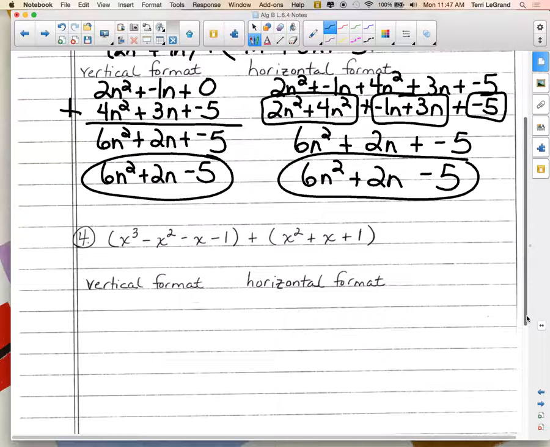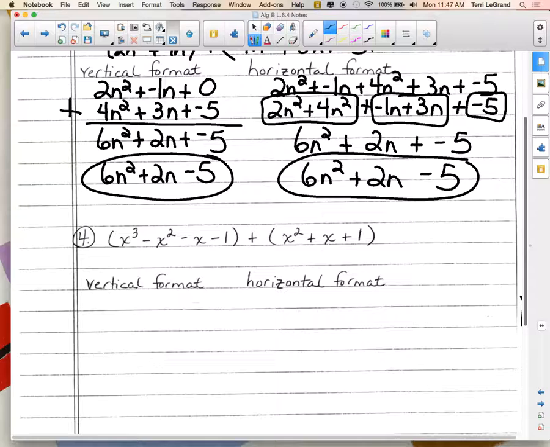Okay, so now let's look at that next one. Is it a subtraction of polynomials, first of all? No, it's not a subtraction of polynomials. So that means we're not going to have to worry about changing the subtraction in between them. But we do first have to add the opposite for wherever there are subtractions.